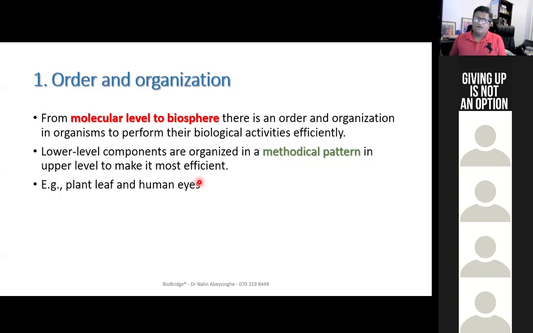All the tissues get together to make the organ called the human eye work efficiently. Nervous tissue, everything is gathered together to make that particular component function efficiently, right? Okay.